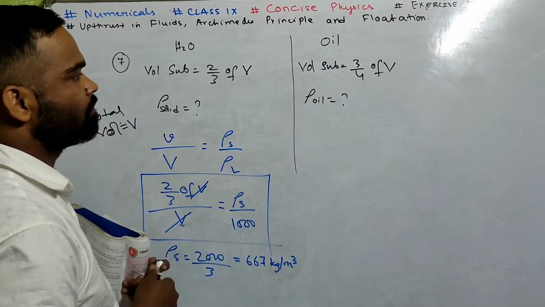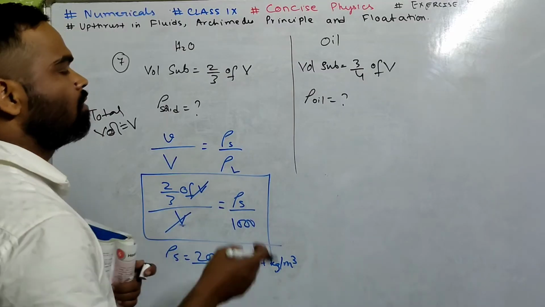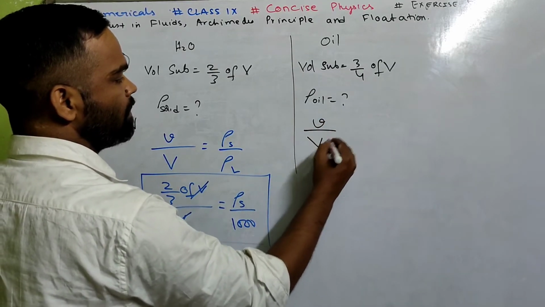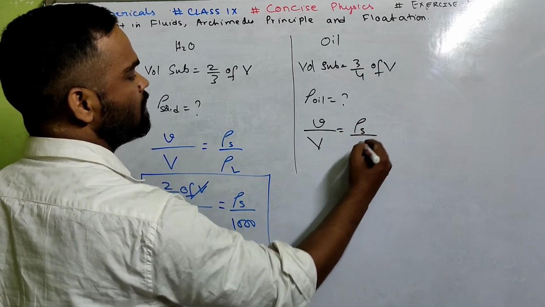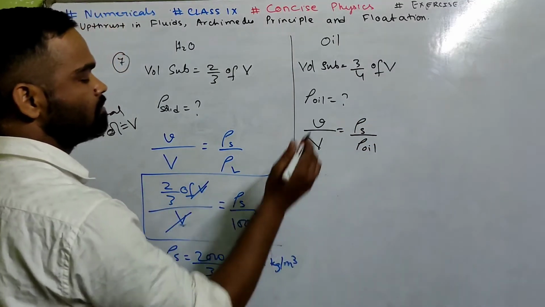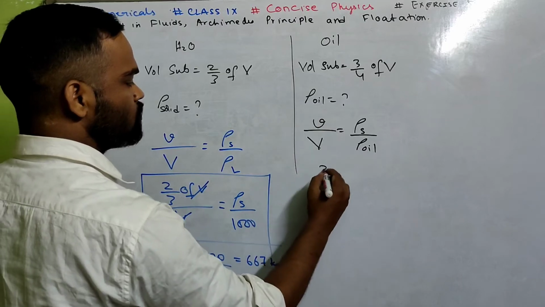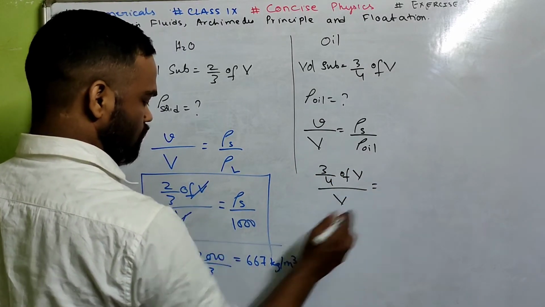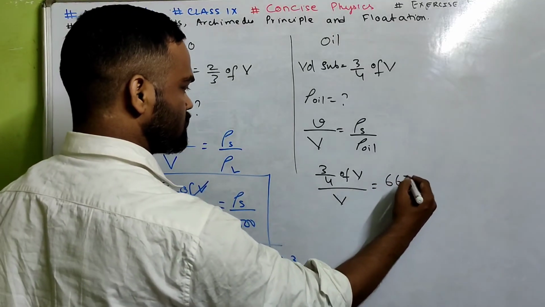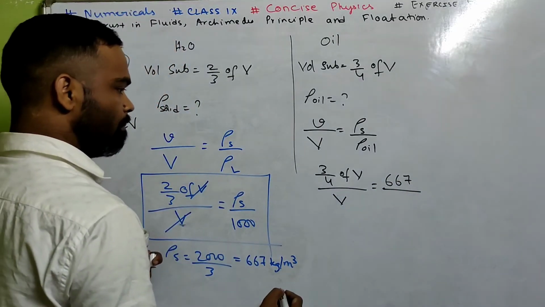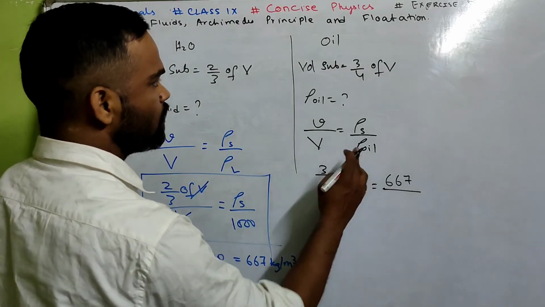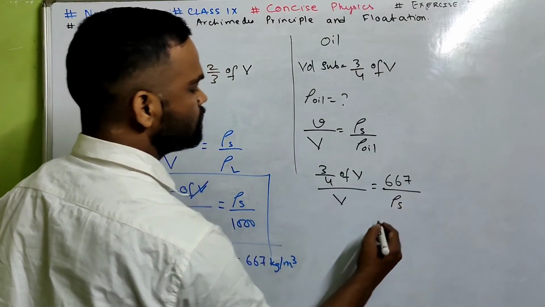Now let us see this one. When it's kept in oil, volume submerged is 3/4. Again, small v by capital V is rho of S by rho of oil. Now, small v is 3/4 of capital V. Rho of S is 667, and this is rho of oil, which we don't know.